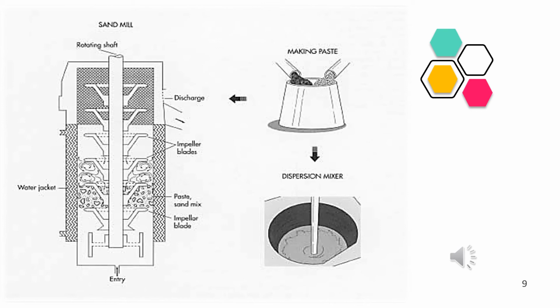So, with the rotating shaft, the mixture is blended. In this way, the pigments are mixed or blended into the solvent.